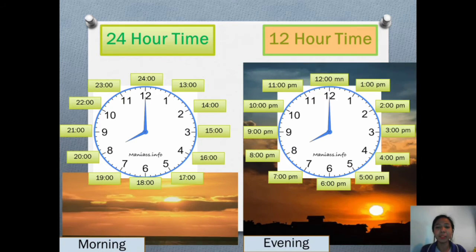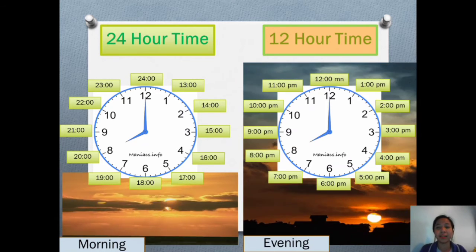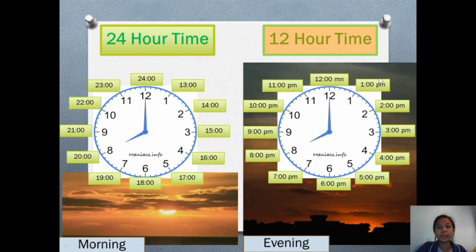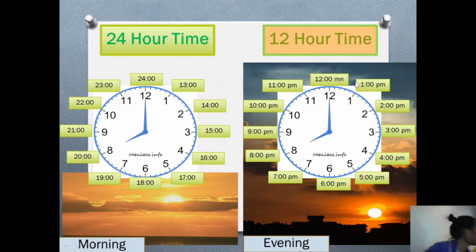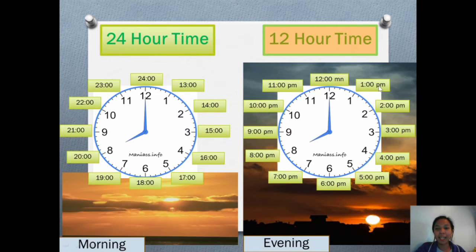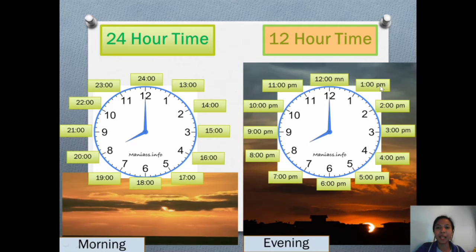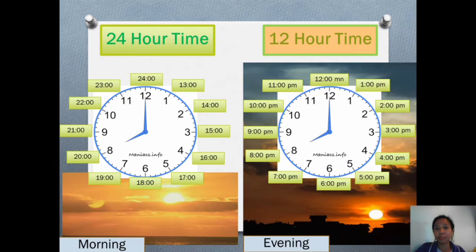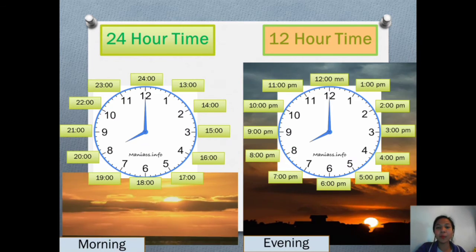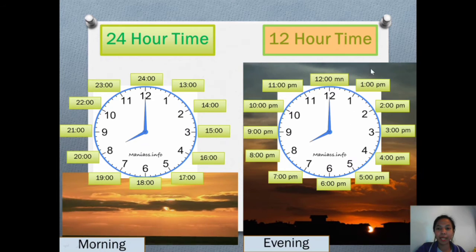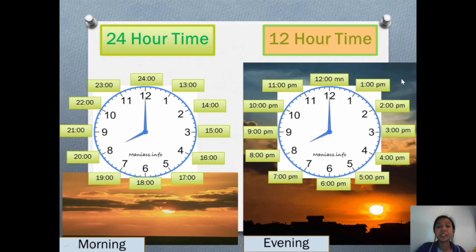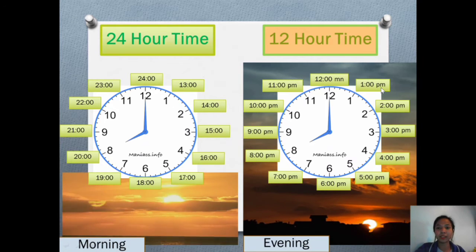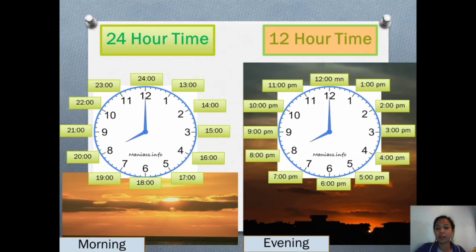Because you'll never know: if you just write 1 o'clock and do not write the AM or PM, then you will not know if it's morning, afternoon, or evening. So it is very important that in 12-hour time you write AM or PM, to know the difference of the time.